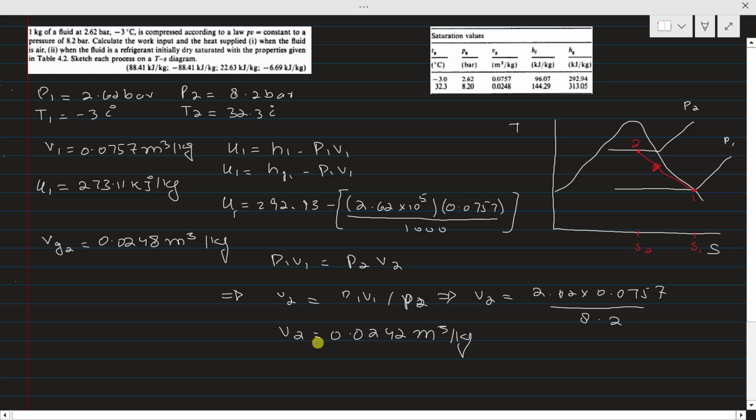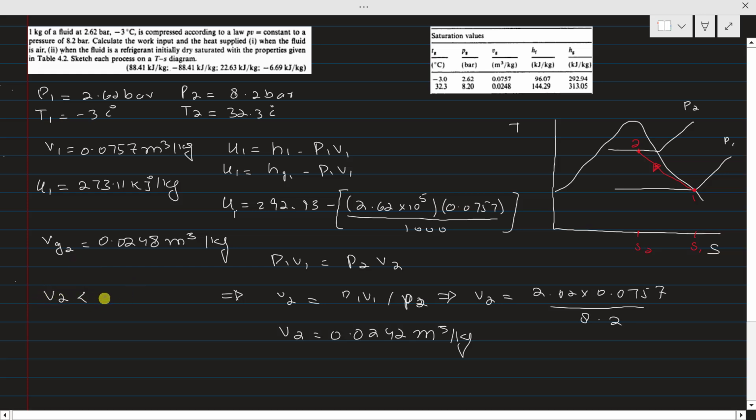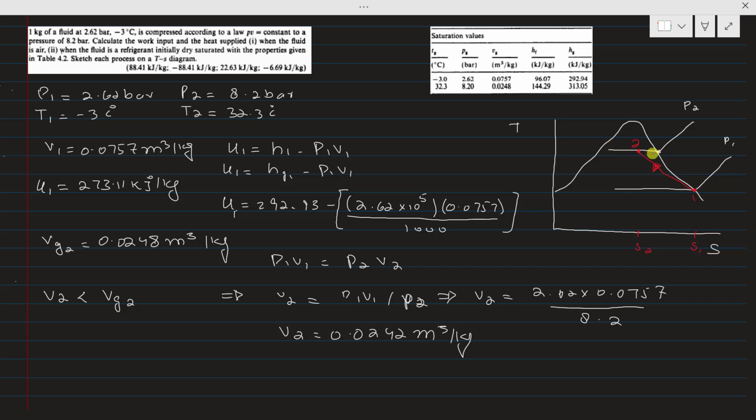If you compare this V2 value, that is our state point 2 value, with this saturated specific volume value, you can conclude that this V2 is less than the Vg2 value. So it means that Vg2 is the value at this point, and V2 is the value of the state point that must lie beyond this line.